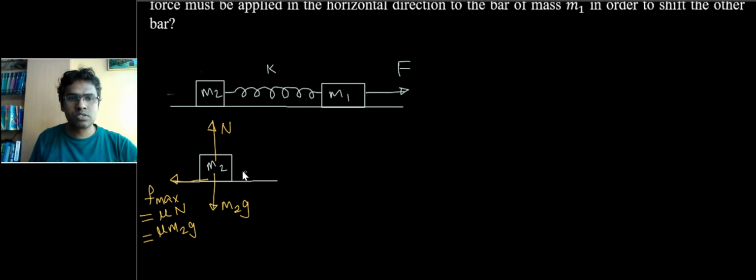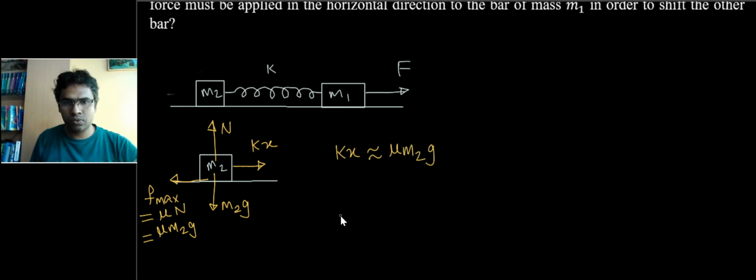The spring is trying to pull this bar with some force kx. Now this force should be equal to mu m2g in order to move this. So kx must be slightly greater, but in this case we'll just take it as equal to mu m2g.